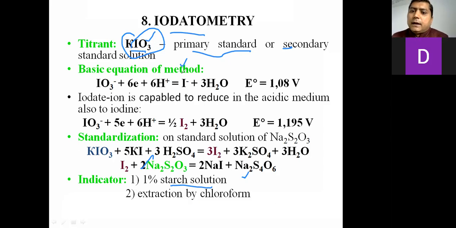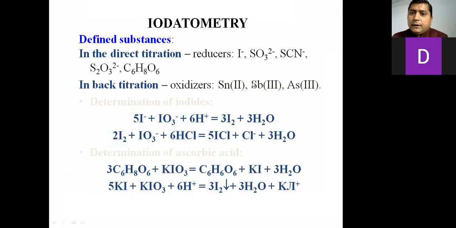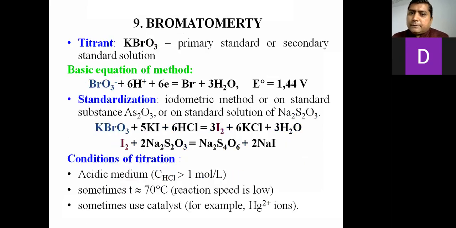Iodine is liberated, and this iodine can be ascertained with starch as indicator. It is similar to iodimetry, but in iodimetry we use iodine, whereas in iodatometry we use potassium iodate. That is the difference.